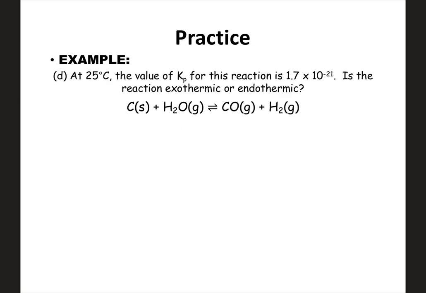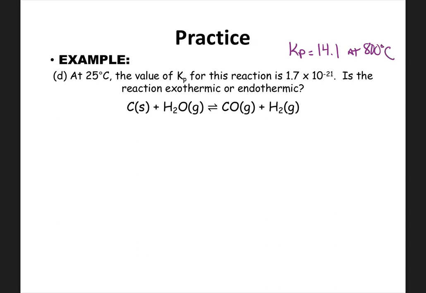Part D says at 25 degrees Celsius, the value of Kp for this reaction is 1.7 times 10 to the negative 21st. Is the reaction exothermic or endothermic here? Remember, our original Kp was 14.1 at 800 degrees Celsius. So that's going to be important here.